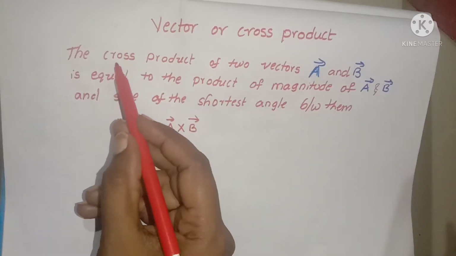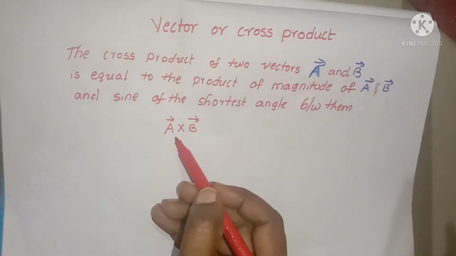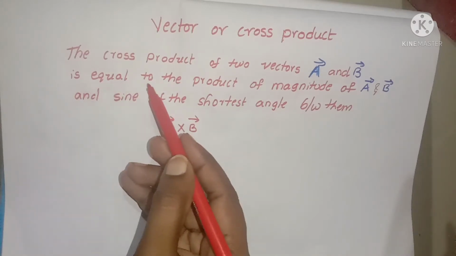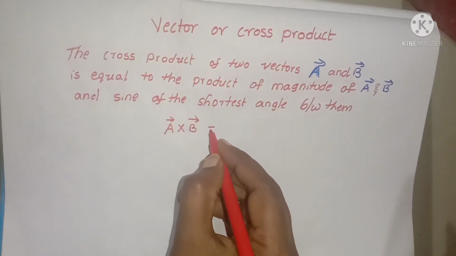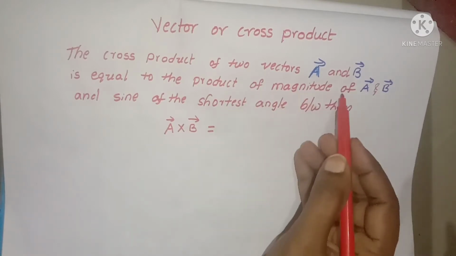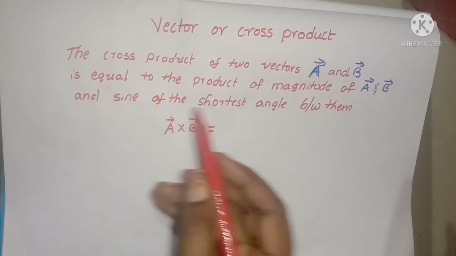So here the cross product of two vectors a bar and b bar, that means a bar cross b bar, is equal to the product of the magnitude of a bar and b bar and sine of the angle.